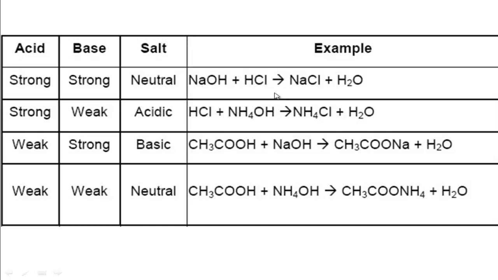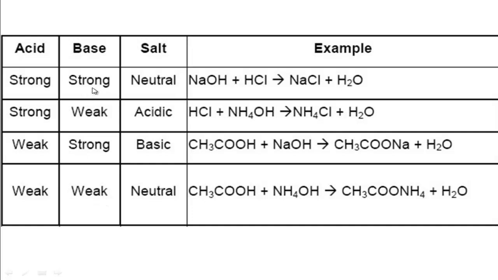I hope you understand. Now these are the types of salt. Actually, in different ways we can categorize salt substances. For example, here we can say salts are three types: neutral salt, acidic salt, and basic salt. Neutral salt means when the salt is produced from a strong acid and strong base, or weak acid and weak base.